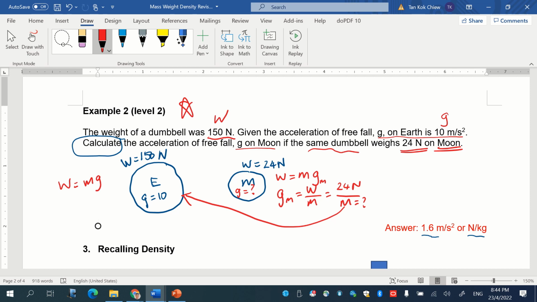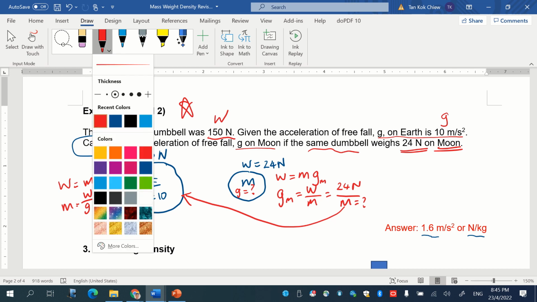Let's calculate the mass so that later you can bring it to the Moon. So the mass equals W over G. W 150 Newton over 10, which is 15 kg.